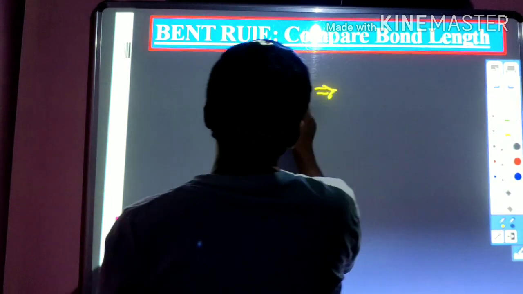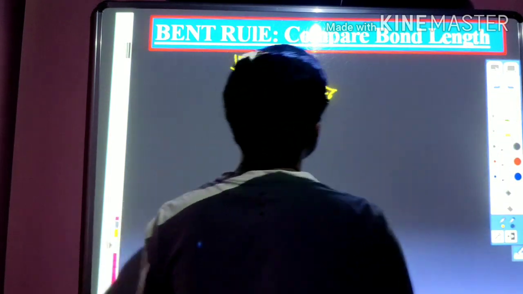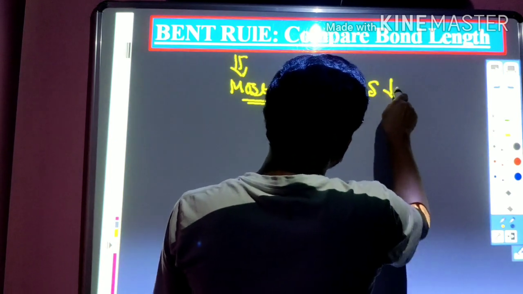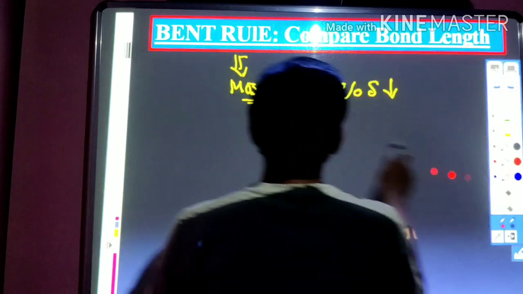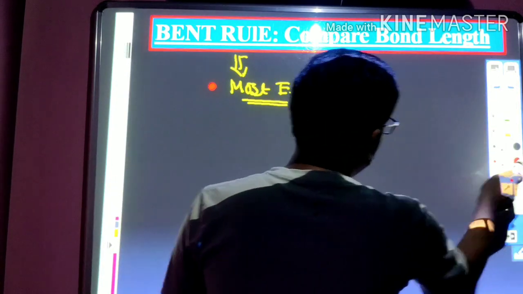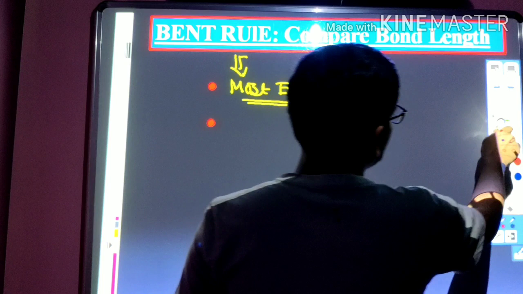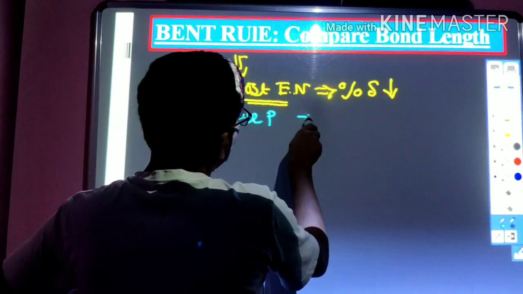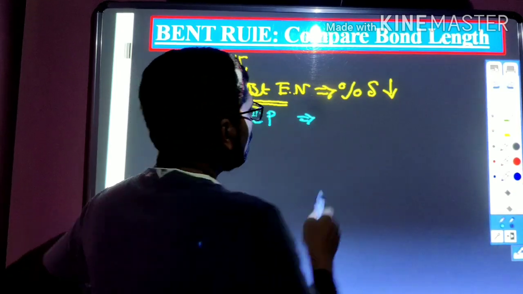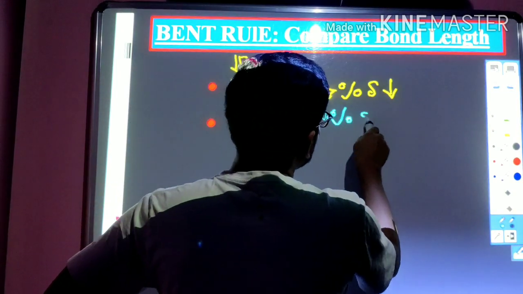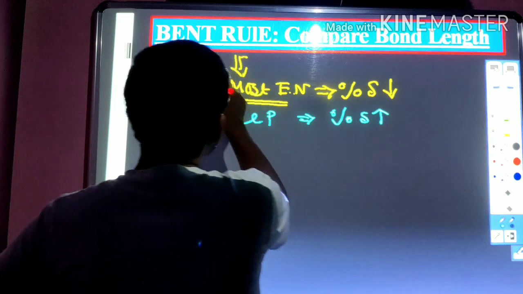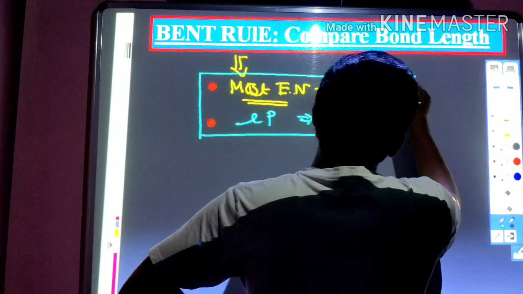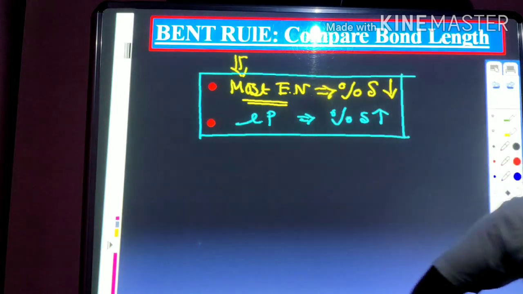So a more electronegative element will prefer to stay in an orbital where the percentage of s character is less. Okay, this is one statement. And one more, that a lone pair prefers to occupy an orbital where the percentage of s character is more. Okay, these are the two statements of Bent's rule.